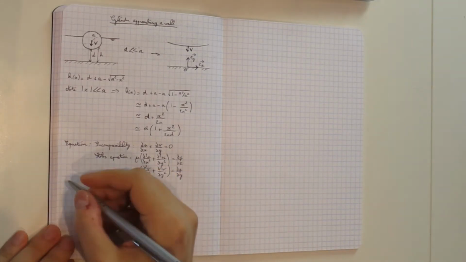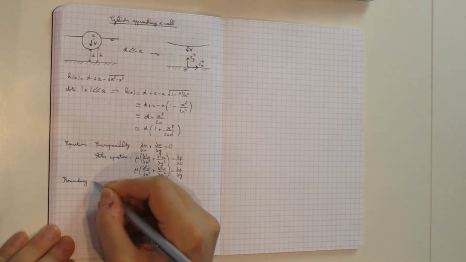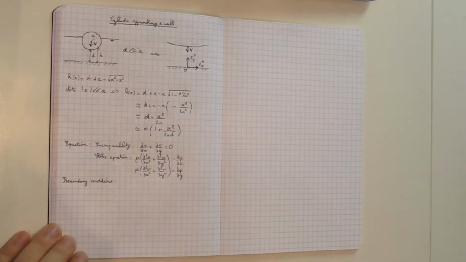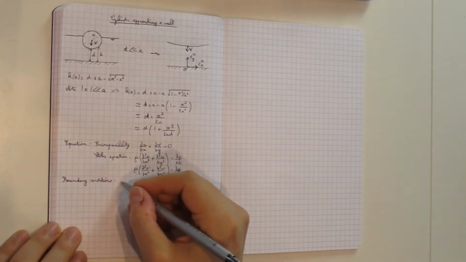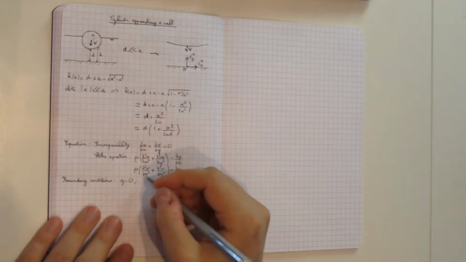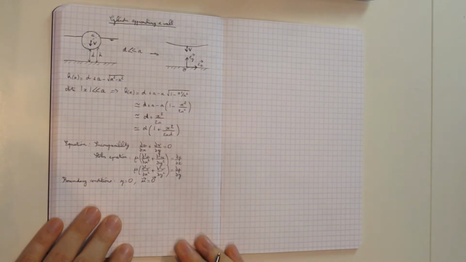This is to be solved together with the following boundary conditions. So first of all, at y equals 0, I must have 0 velocity in the fluid, so u equals 0.